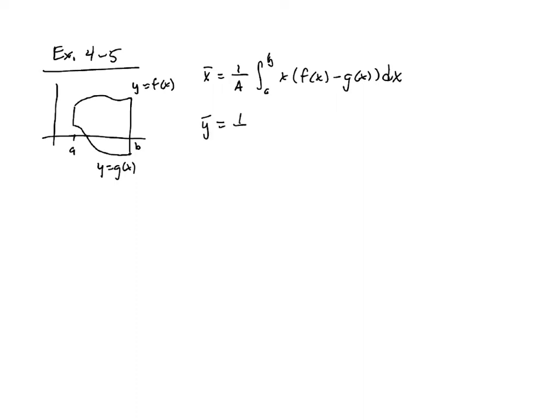And the y-coordinate, similarly, is 1 over the area times the integral from A to B of 1/2 times the difference of the squares of the functions. And if you like, you can read a little bit about the derivation for this. It's in exercise 86 or something like that. And you can look at an example of a computation in example number 6 using this formula.